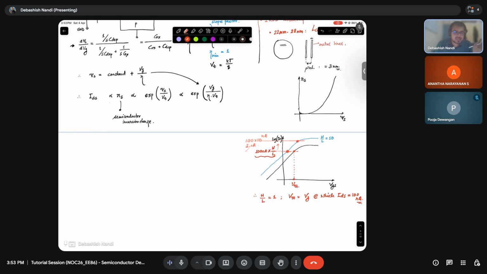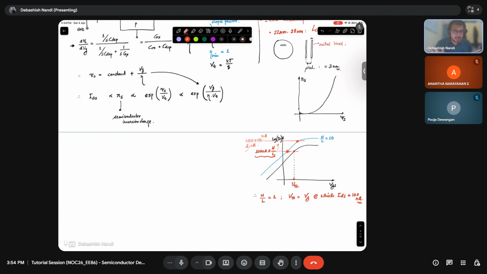This is the definition that industry uses. They may use 200 nanoampere times W by L, but it will be around that region, 100 to 300 nanoampere times W by L. Whatever gate voltage gives you this amount of current, that will be your threshold voltage.